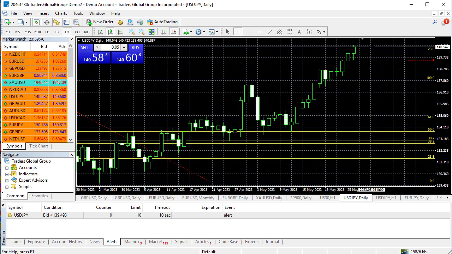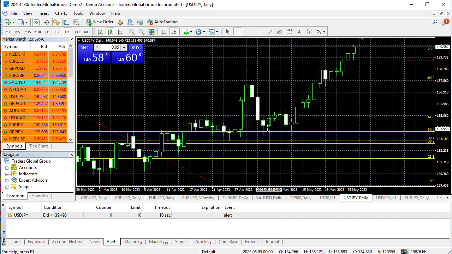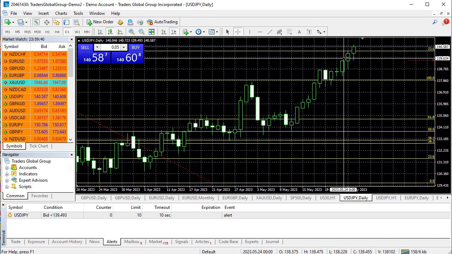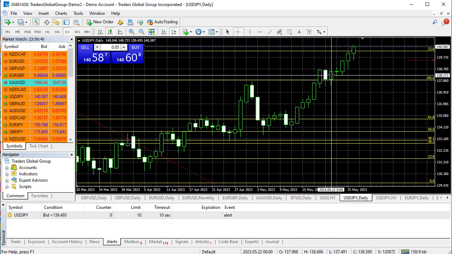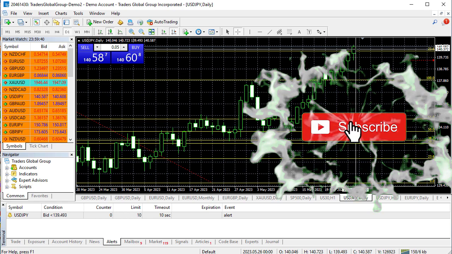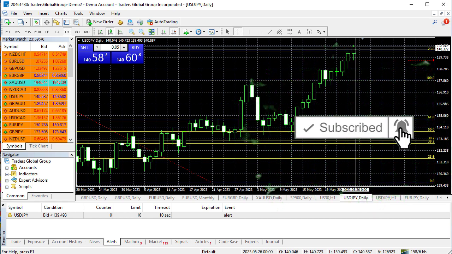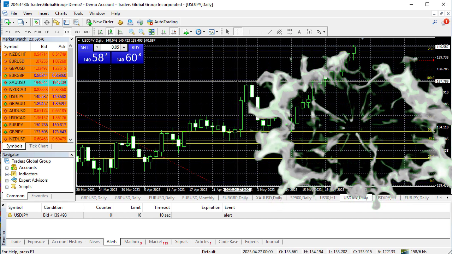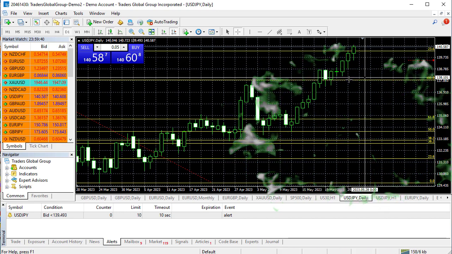So for this pair, even though the momentum is really strong, it can't just continue, because it just crossed this and went to the next level. So it's really speeding in terms of buying, so it's kind of difficult to catch it.